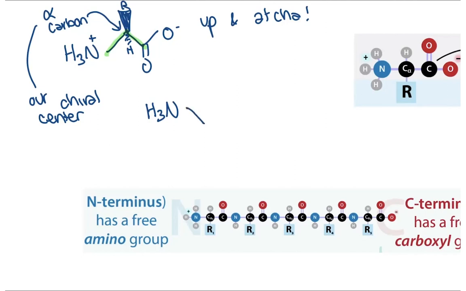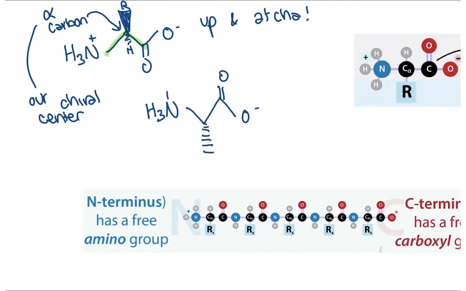Now, if we draw our amino acid like this, again, this is going to be our alpha carbon, and then we have our carbonyl carbon and part of the O minus. And here the R group is going to be sticking down and it's going to be sticking back.